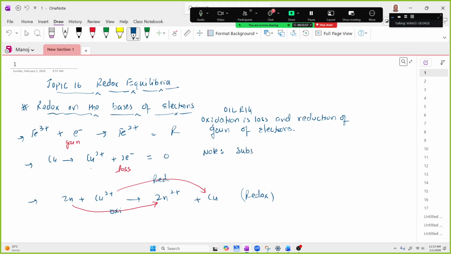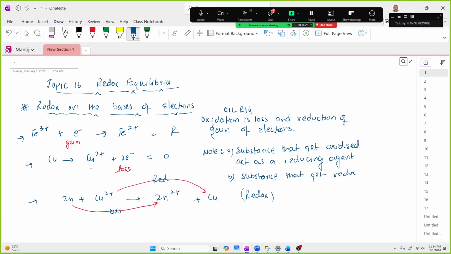Any substance that gets oxidized will act as a reducing agent, and vice versa, any substance that gets reduced acts as an oxidizing agent.